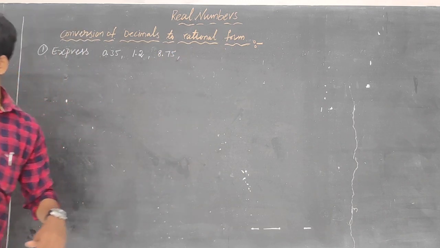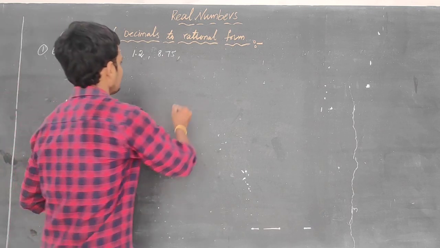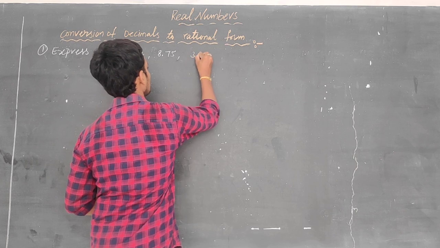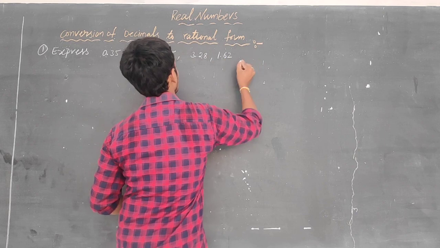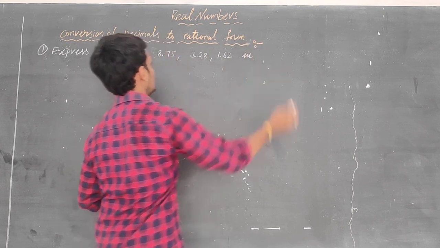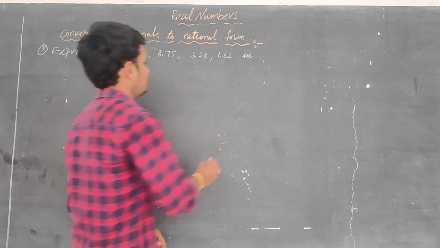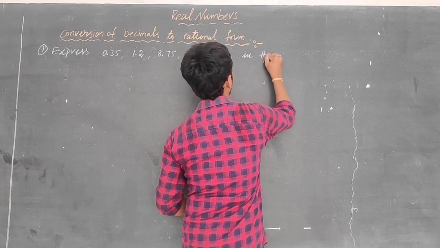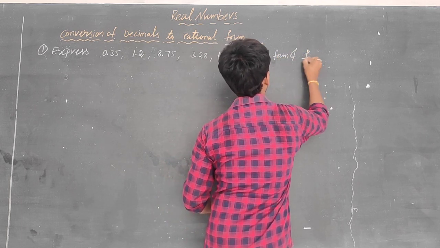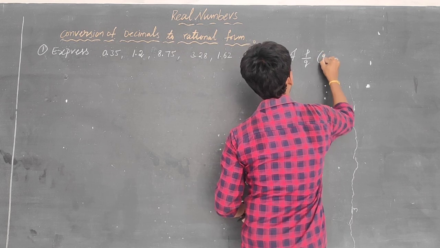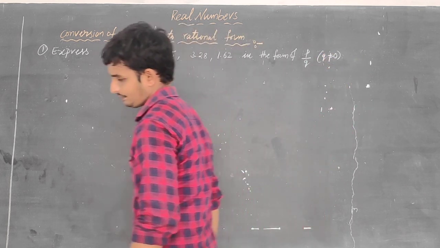Some more I will take from the textbook. 3.28 and 1.62 in the form of p by q, where the denominator q is not equal to 0. This is the question.